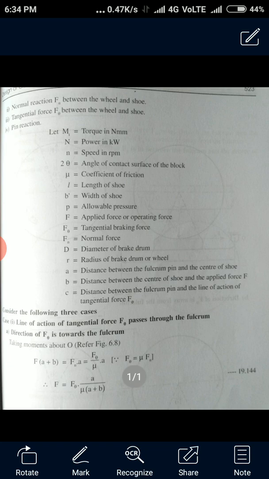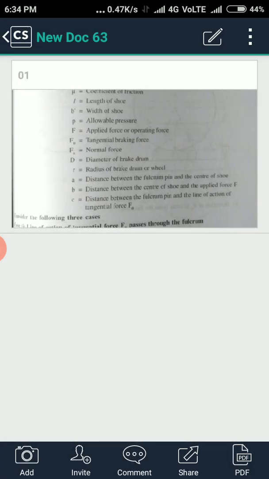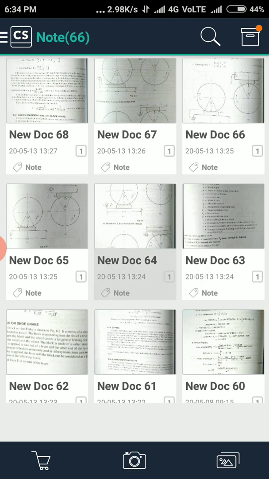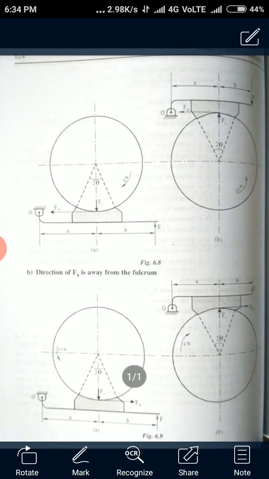Now you see in the case 1 sketch, the block is at the lower side in sketch A, and in sketch B the block is at the upper side. In figure A, the drum is rotating clockwise. When it is rotating clockwise, there is a tangential force F theta between the drum and the block.